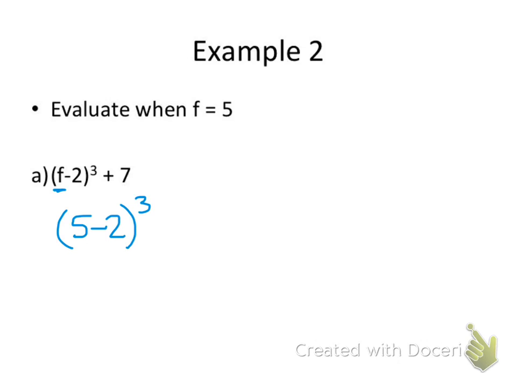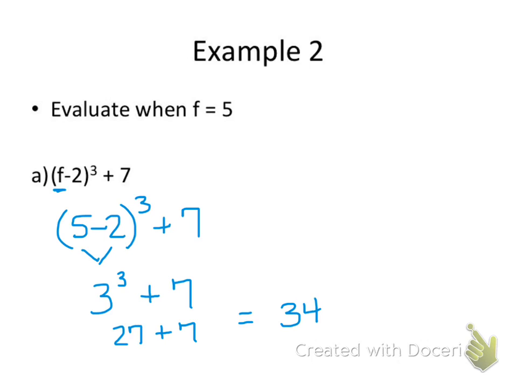Since the power of 3, the exponent of 3, is outside the parentheses, order of operations tells us we have to do what's in parentheses first. So I want to take 5 minus 2, which is 3, and that is what's getting cubed, plus 7. 3 to the third power is equal to 27. So I should get 34 for my answer.